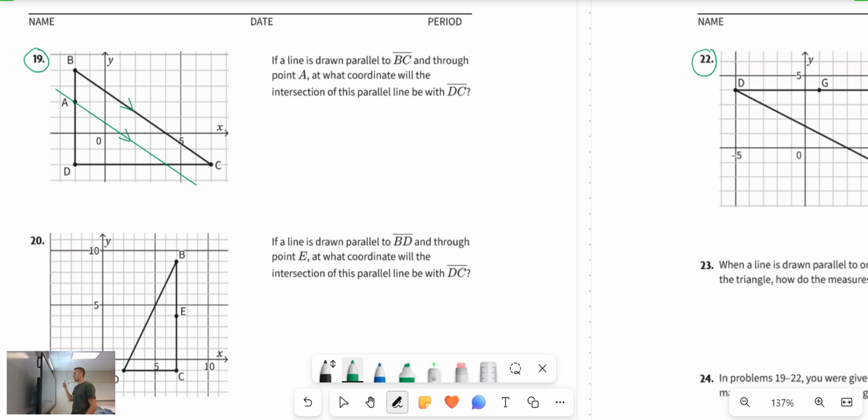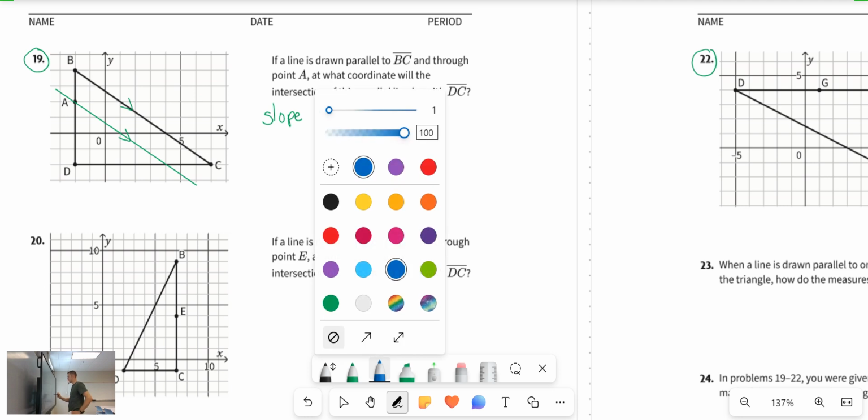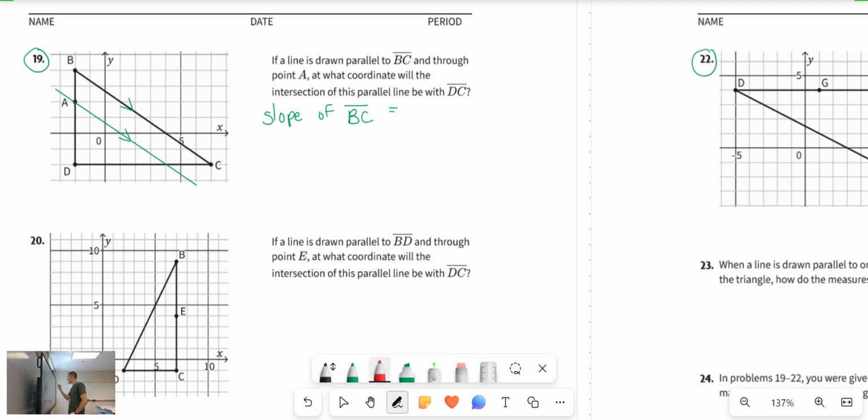Well, it means that we can find the slope of BC. All right, so the slope of BC, right? And the slope we're actually going to write up top, right, in red.